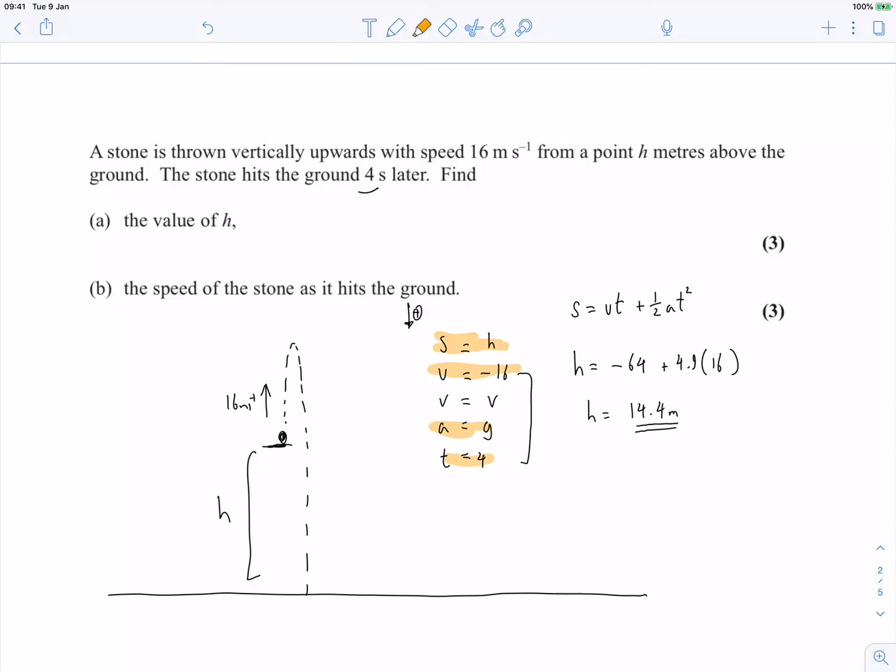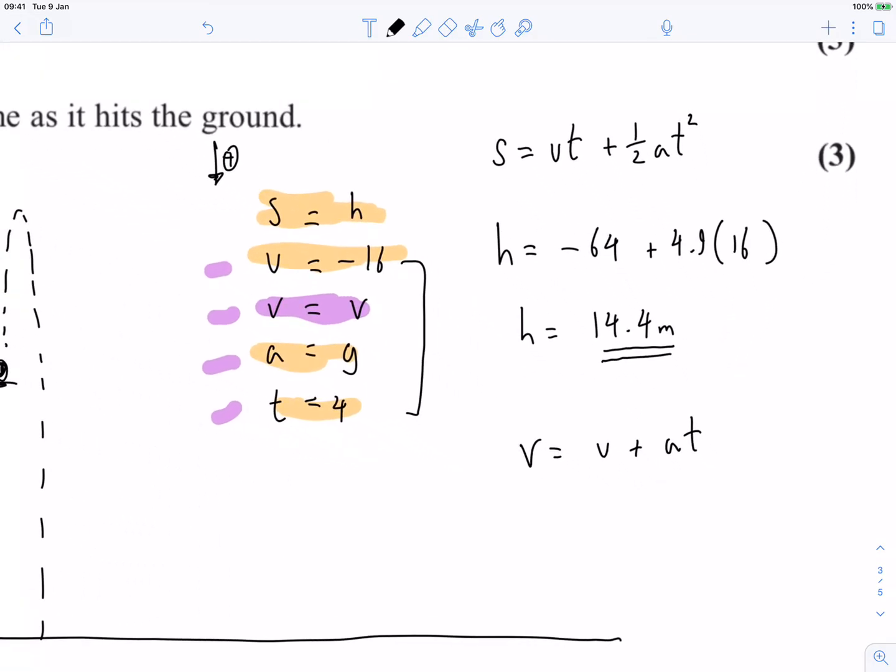Okay, so now I want to get V involved. Can I think of an equation linking V and some other things? Well, V, U, A and T, if you remember before, V equals U plus AT. Well, I know what U is now. U is minus 16. A is 9.8, sorry. And T is 4.